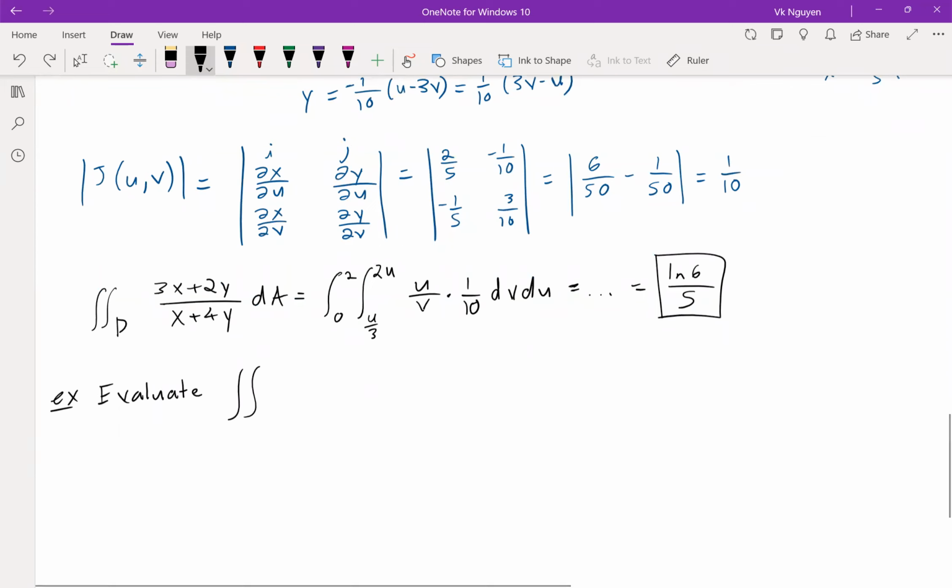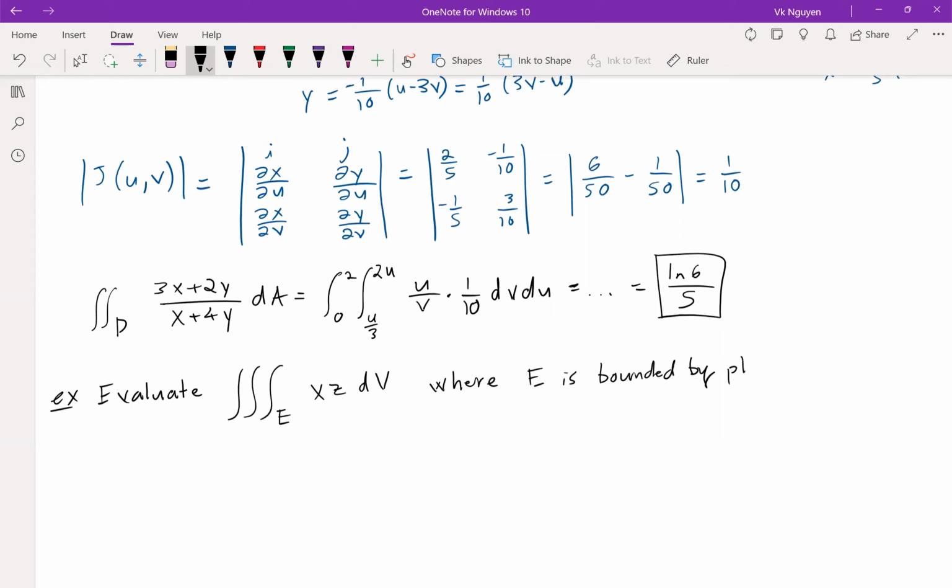Triple integral of xz dV, where E is bounded by a bunch of planes. y equals x, y equals x plus 2, z equals x, z equals x plus 3, z equals 0, z equals 4. Yeah, don't bother to sketch this out.